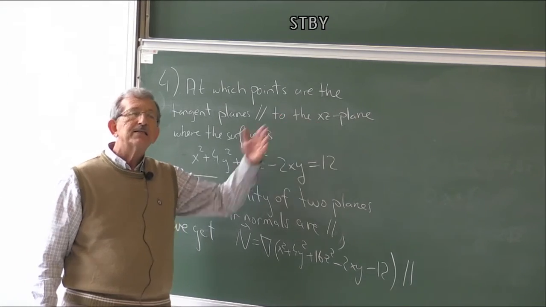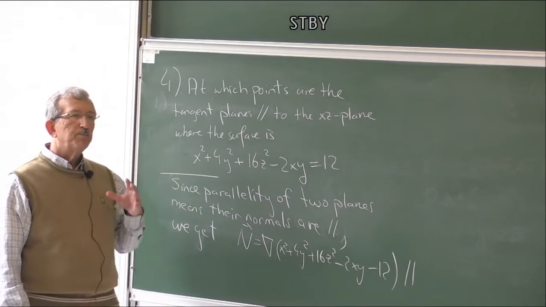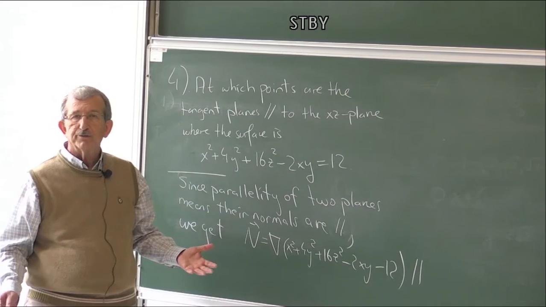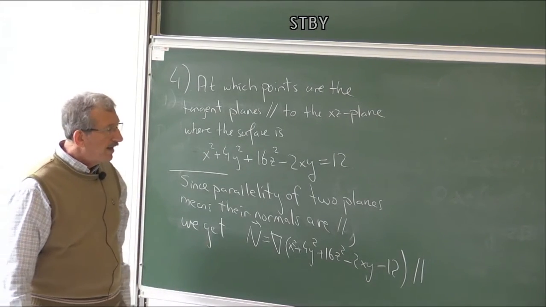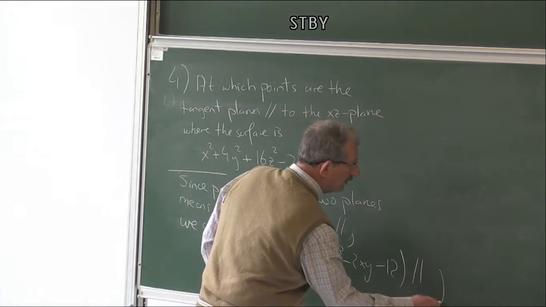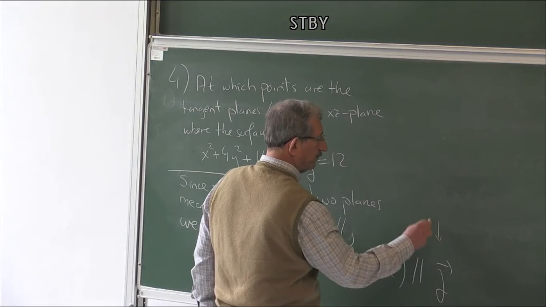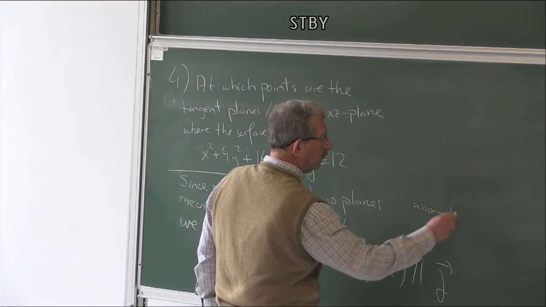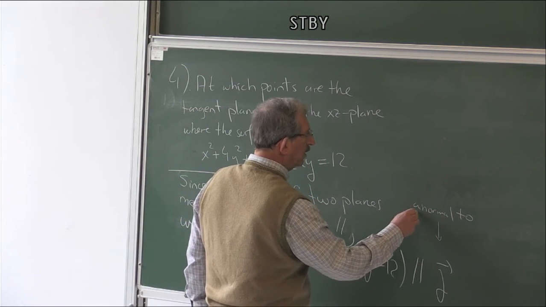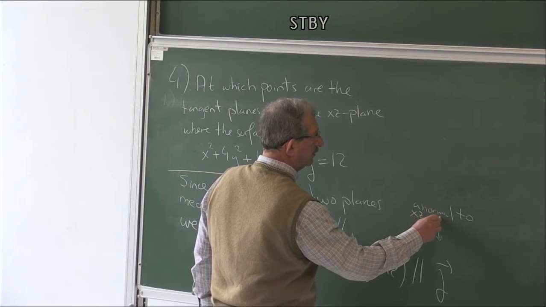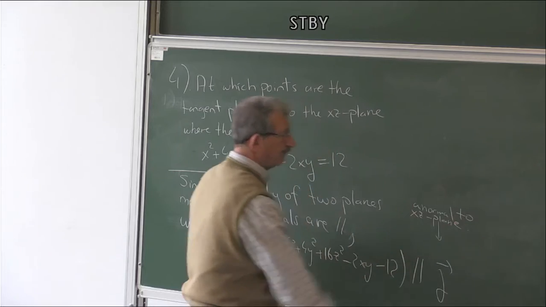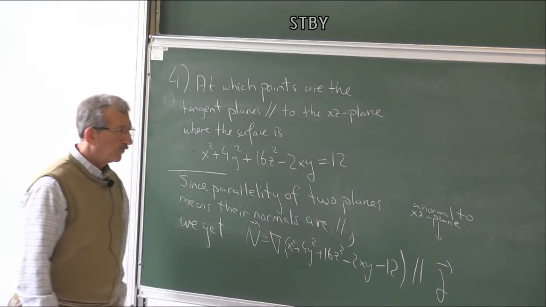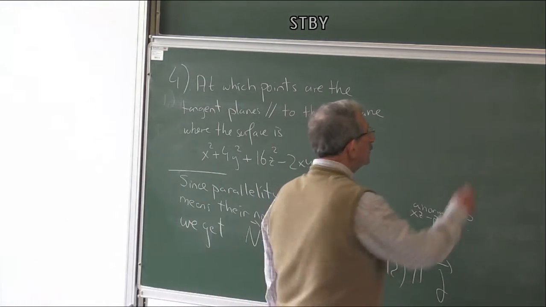Well, the xz plane is the plane exactly where y is 0, and a normal to it is j. It's a normal to the xz plane.